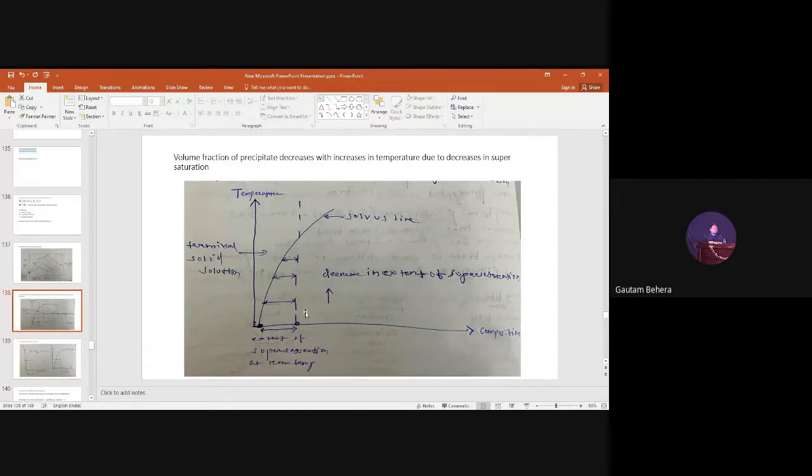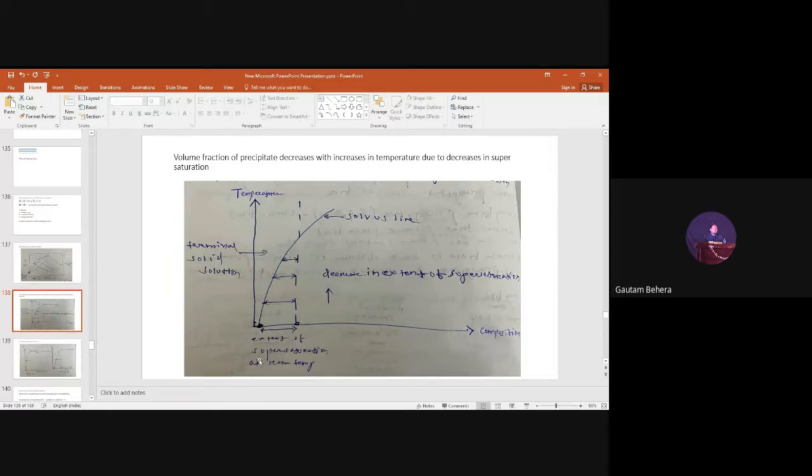Can anybody figure out what is happening here, here and here? Solubility increases. Yes, very good. Solubility is increasing with increasing temperature.